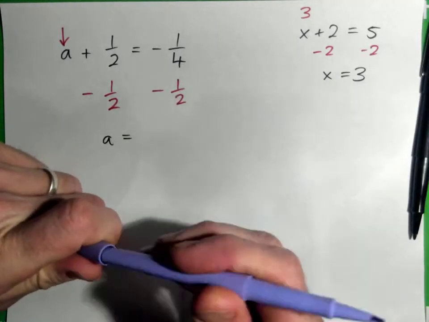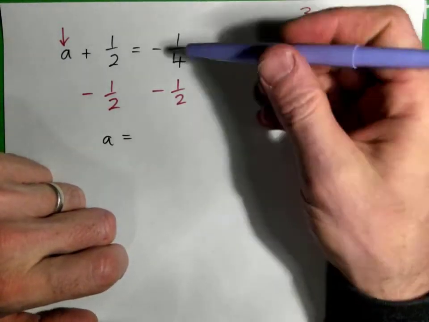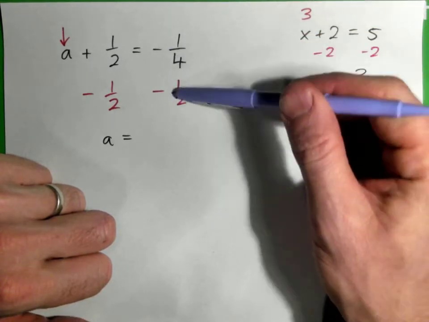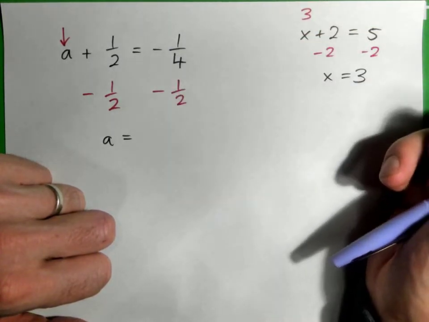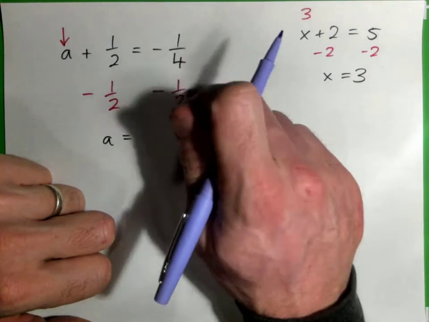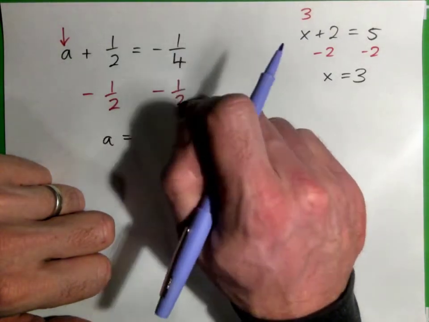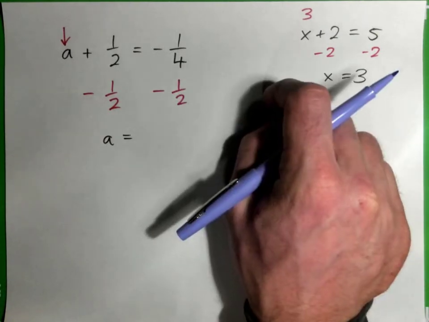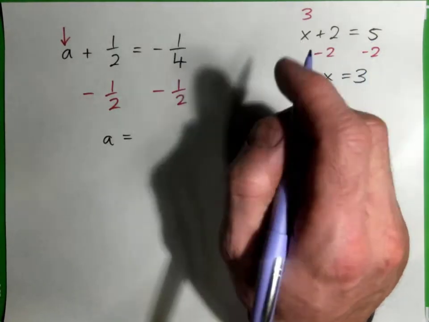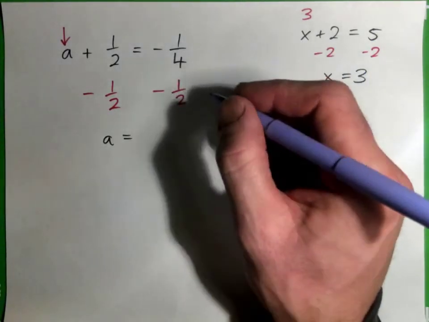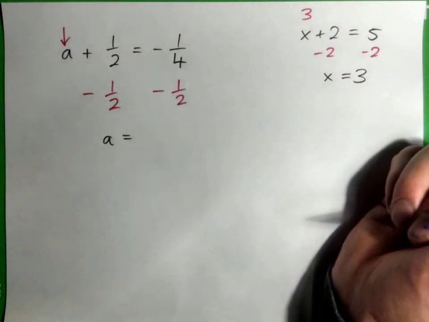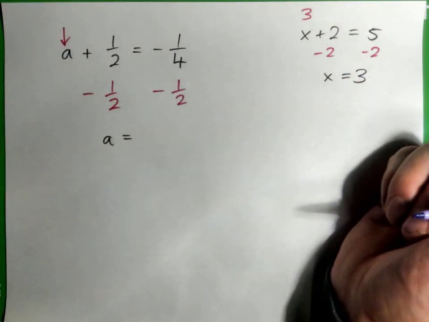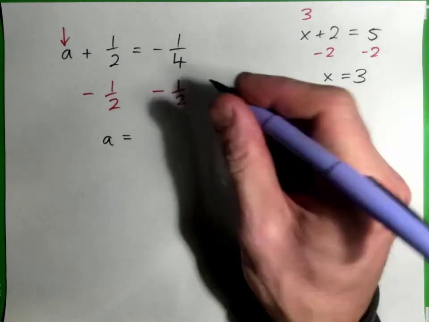And now we've got fractions that we're subtracting. We've got negative a quarter, subtract 1/2, right? So with fractions, we have to make the bottoms the same. So how can I make the bottoms the same? How can I get a common denominator? Yeah, you multiply. What do we multiply by what? 2 by 2. Right.